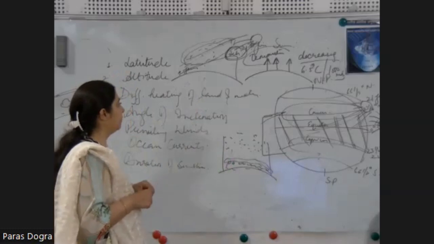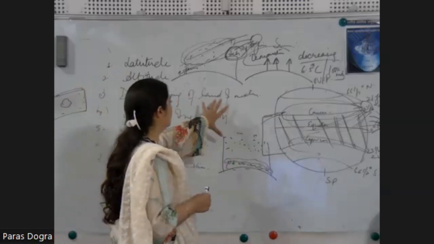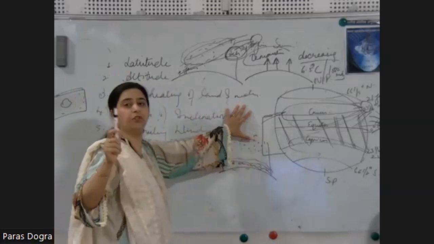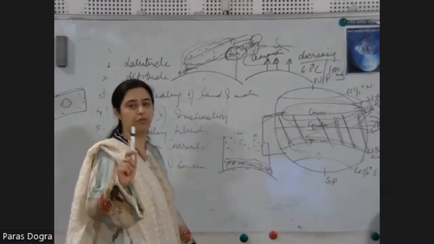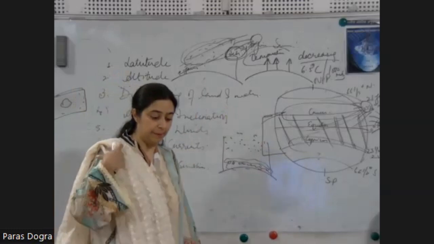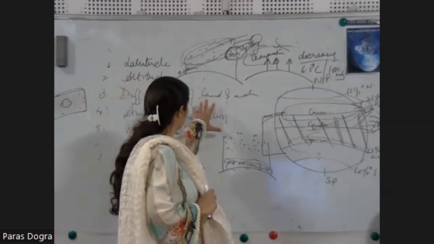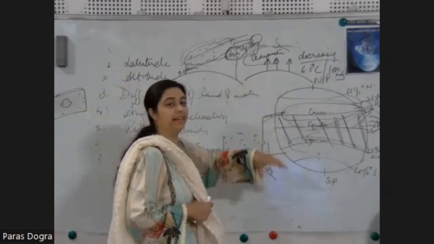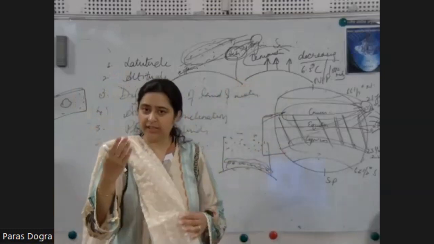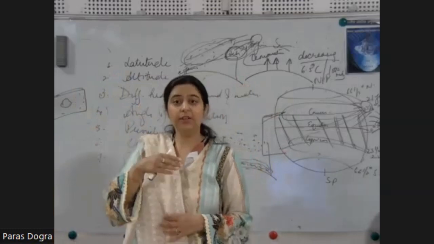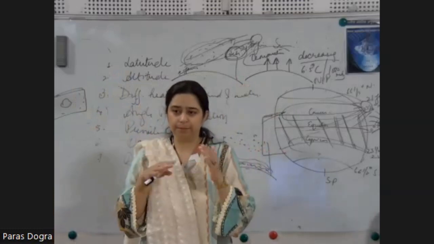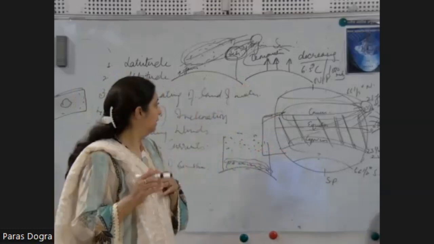This is the moderating effect of the water bodies. Water bodies always play a moderating role. That is the reason the places of peninsular India near the coast always have a moderate climate.